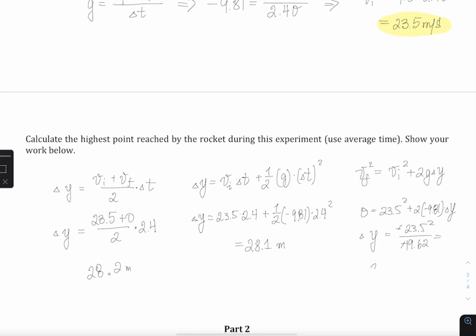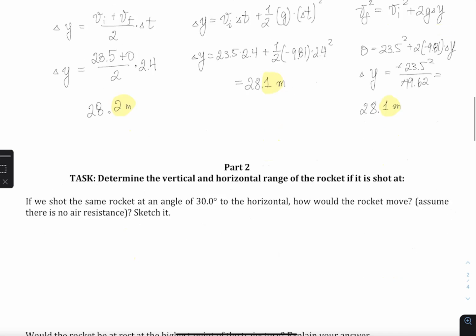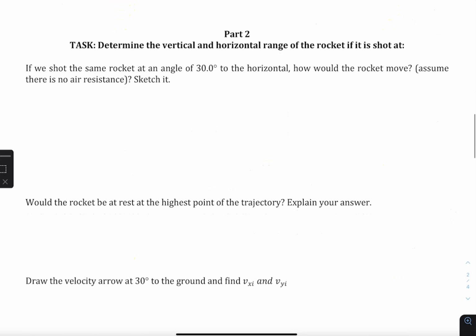You get, again, 28.1 meters. So the difference is just a tenth of a meter, 10 centimeters. It's not that big, and that is due to using a rounded time. All right, so whichever way you wanted to use, you are welcome to use the one that makes more sense to you. Then the question was, what would we do?